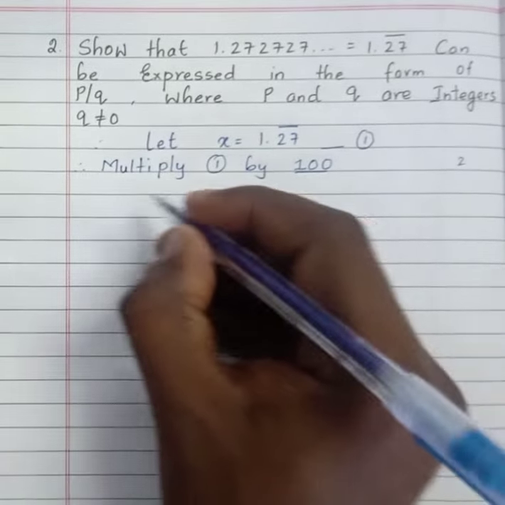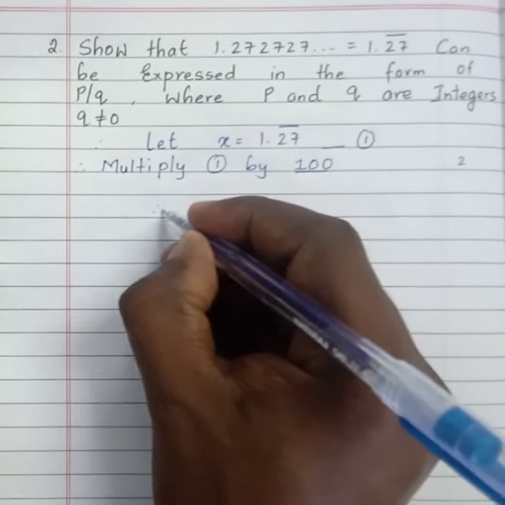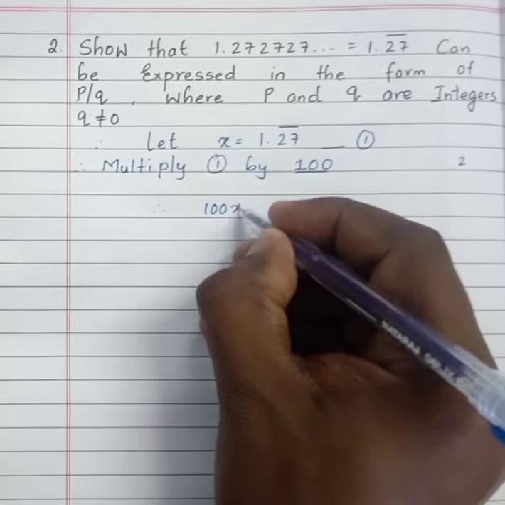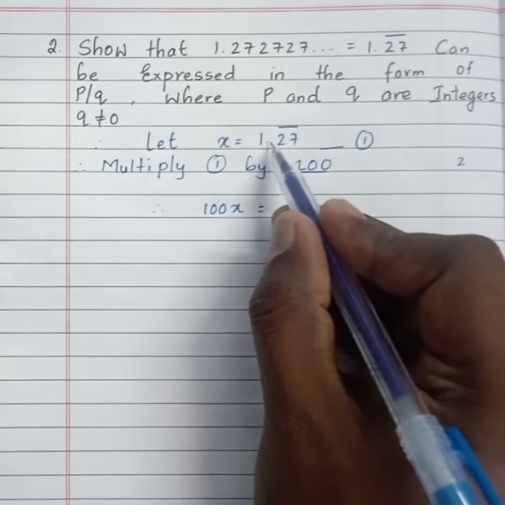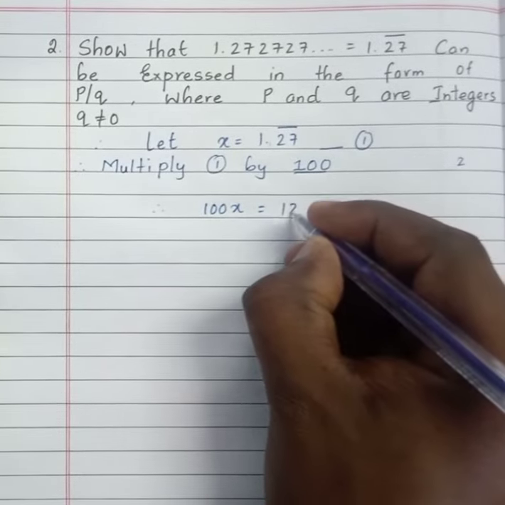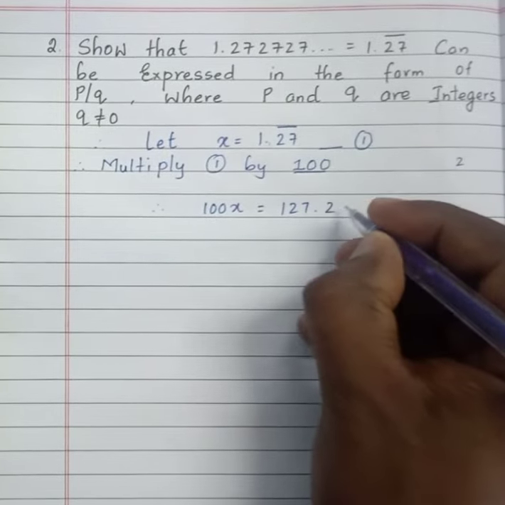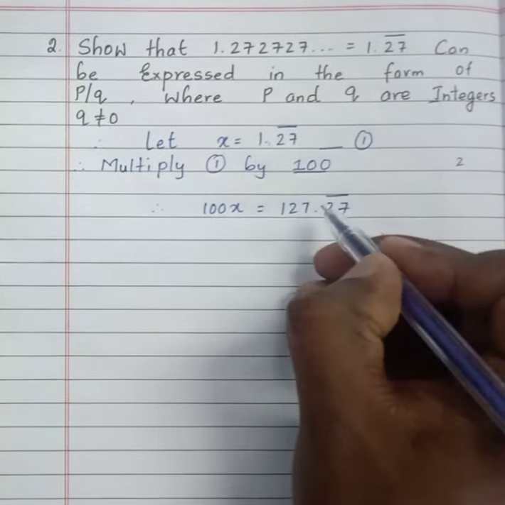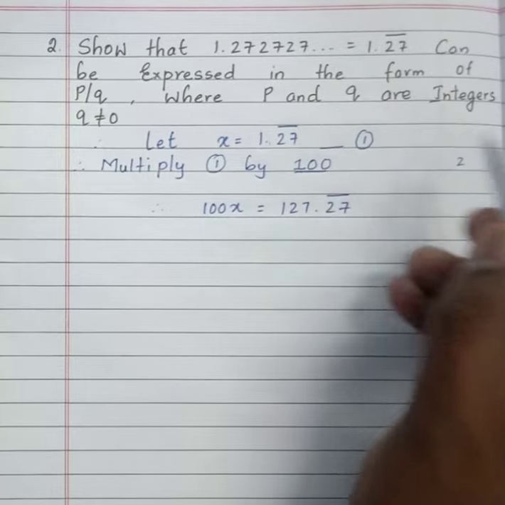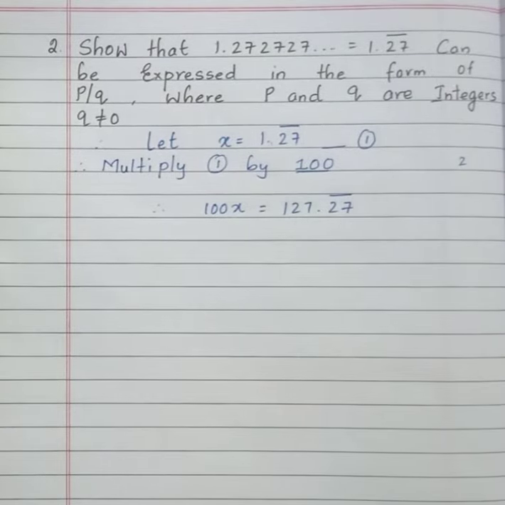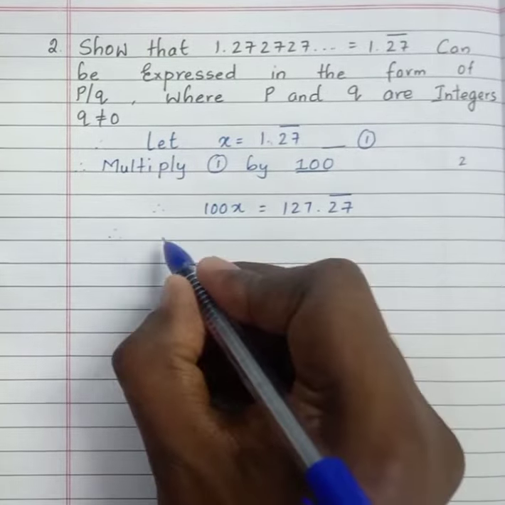Now, equation 1 becomes x into 100 is 100x. Now, 1.27 recurring becomes 127.27 recurring. 2 decimal points will be moved. Now, this becomes equation 2.